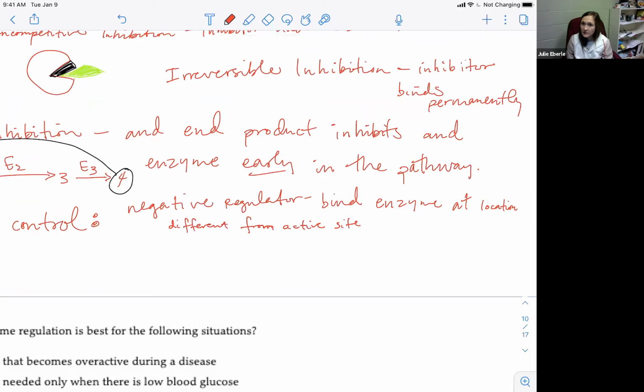And what this causes is a conformational change in the protein, in the enzyme. And that change structurally affects the active site so that the substrate can no longer bind the active site.